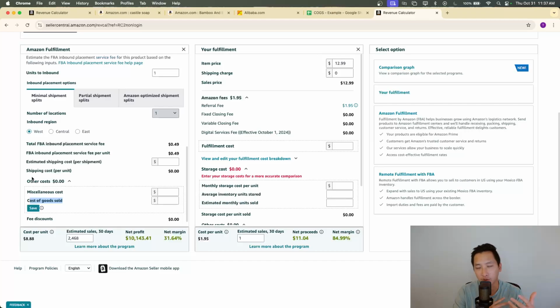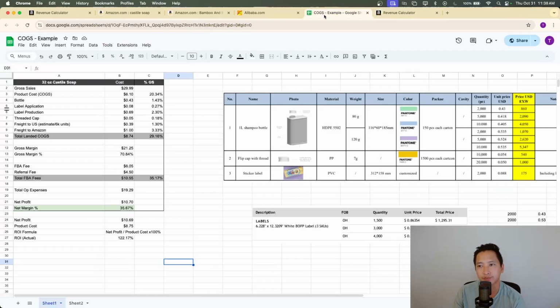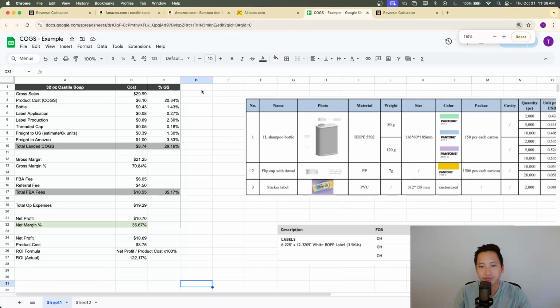When you ship from your supplier, say it's in China and it comes to the US, that's a cost. If you ship from a manufacturer in the US to Amazon FBA, that's an additional cost. So all of that typically is baked into your COGS. And so what we're going to do is just walk through a real life example of how to calculate COGS, or cost of goods sold.